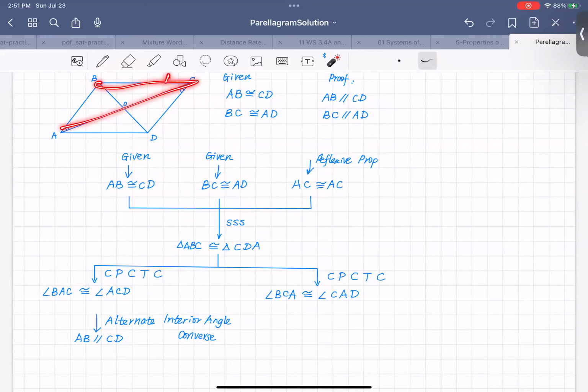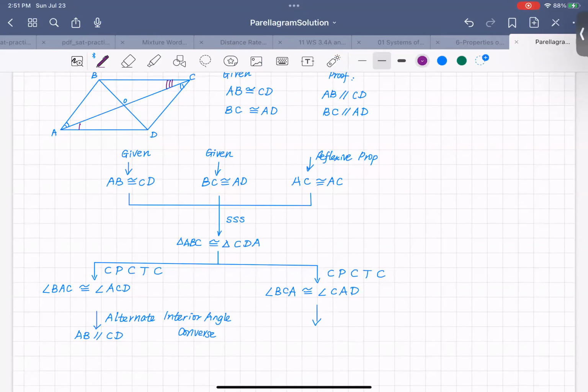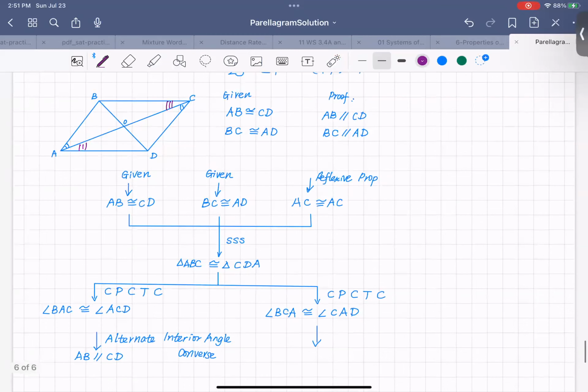Stephen, when you have these two purple angles equal, you want to make which lines parallel? These two angles equal give you which pair of lines parallel?